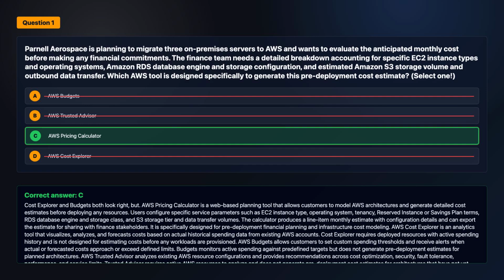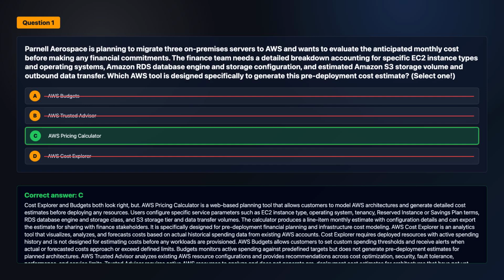Users configure specific service parameters such as EC2 instance type, operating system, tenancy, reserved instance or savings plan terms, RDS database engine and storage class, and S3 storage tier and data transfer volumes. The calculator produces a line-item monthly estimate with configuration details and can export the estimate for sharing with finance stakeholders. It is specifically designed for pre-deployment financial planning and infrastructure cost modeling.